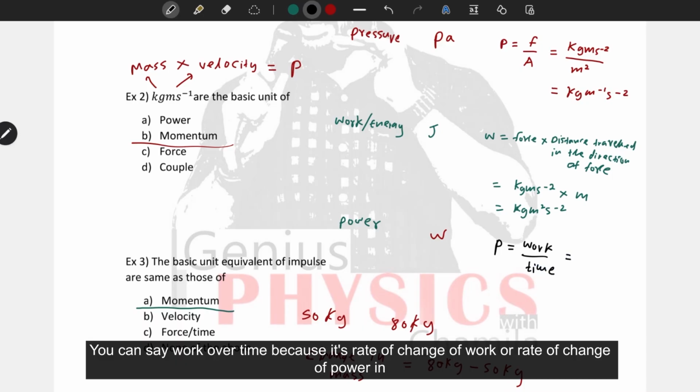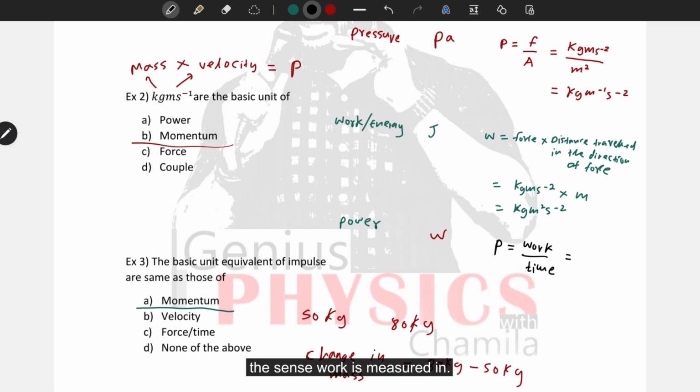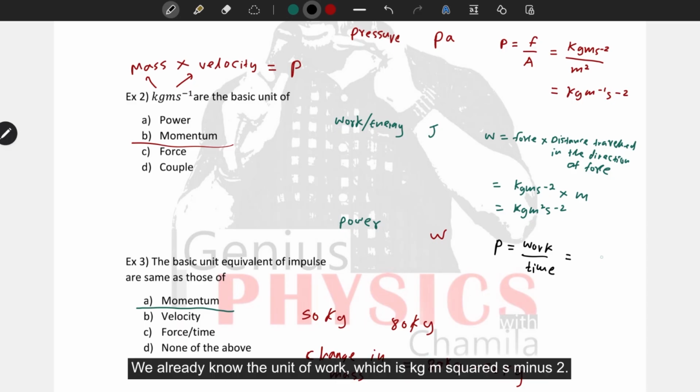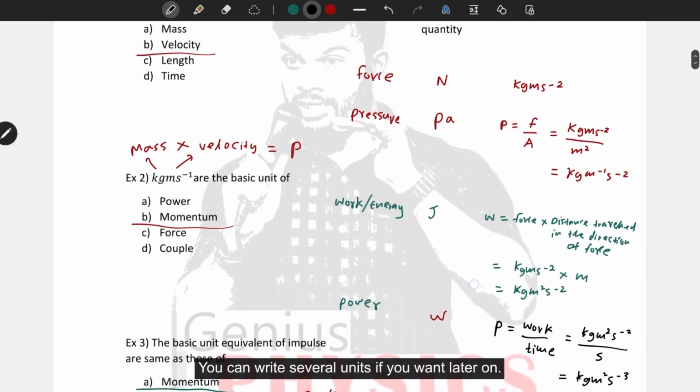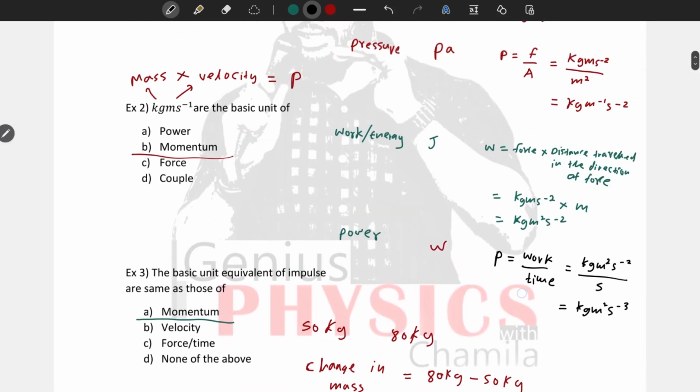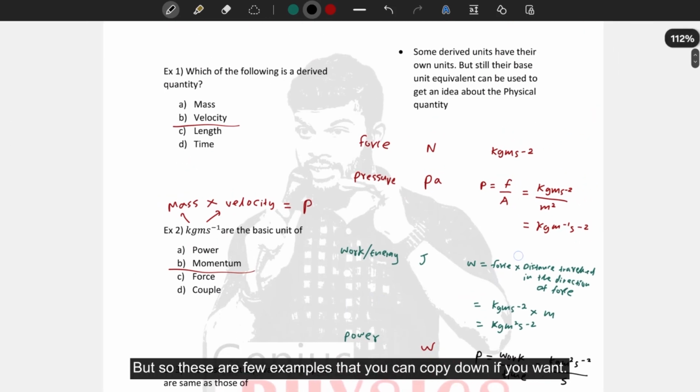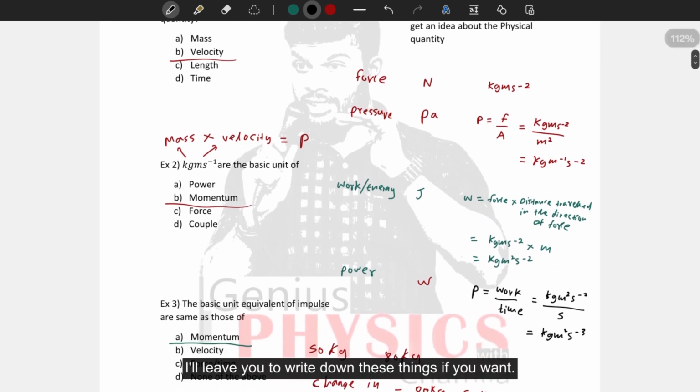Work is measured in kg m squared s minus 2, as we just got to know. Then time is measured in seconds, so we end up getting kg m squared s minus 3. You can write several units if you want later on, but these are a few examples that you can copy down. I'll leave you to write down these things if you want.